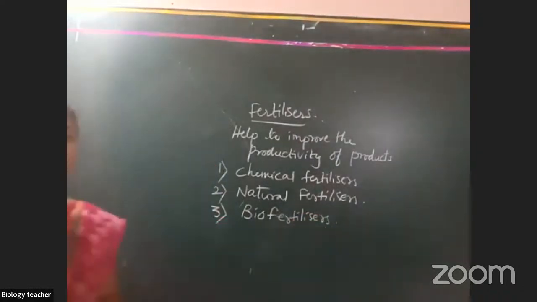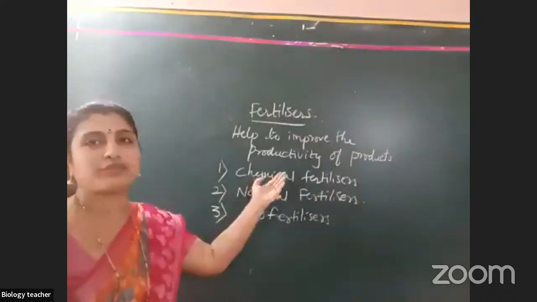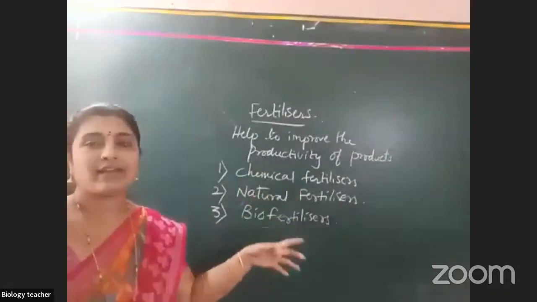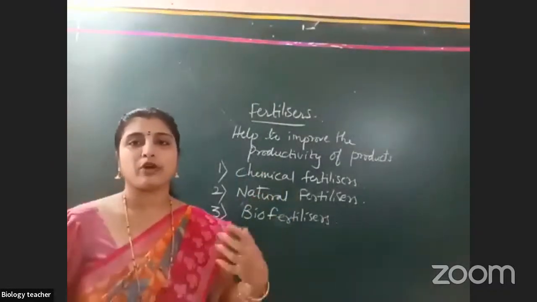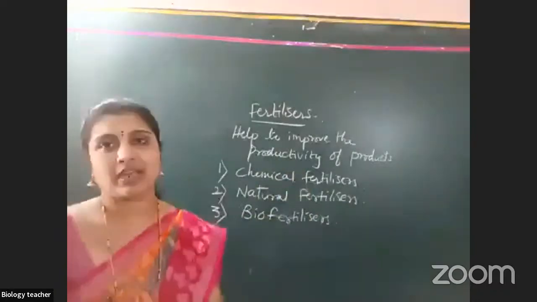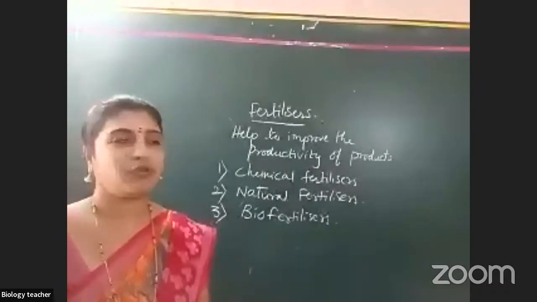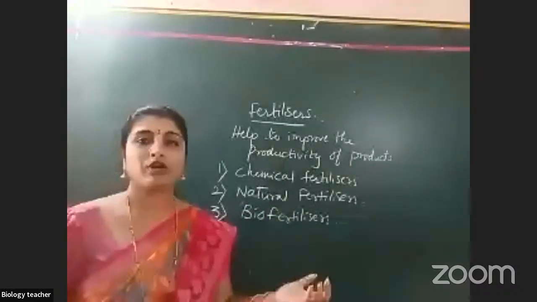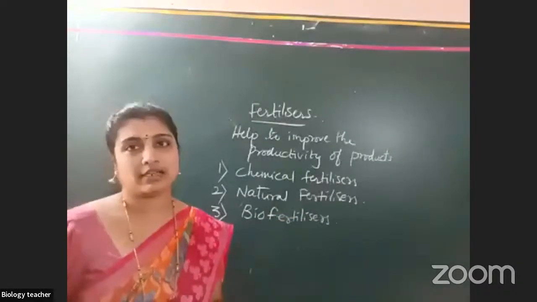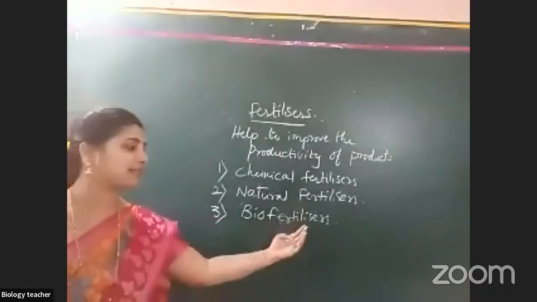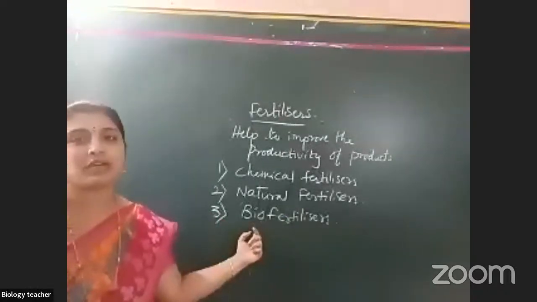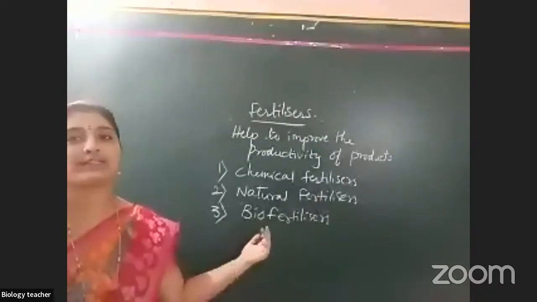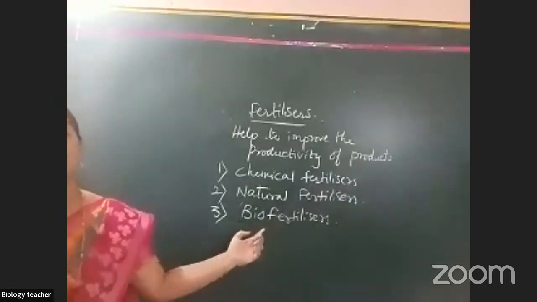Chemical fertilizers are produced from industries. Natural fertilizers are produced from the soil, from the air, or from the things that we grow. Biofertilizers are fertilizers produced from living organisms. Bio means life, so fertilizers from living organisms are known as biofertilizers.